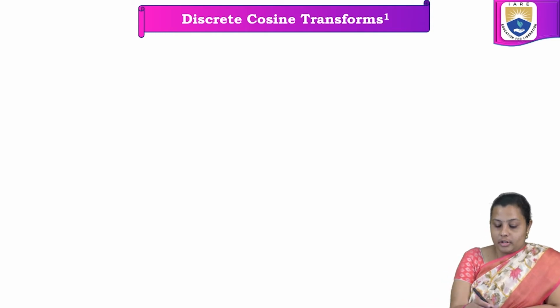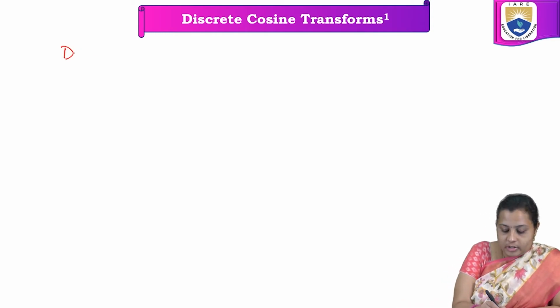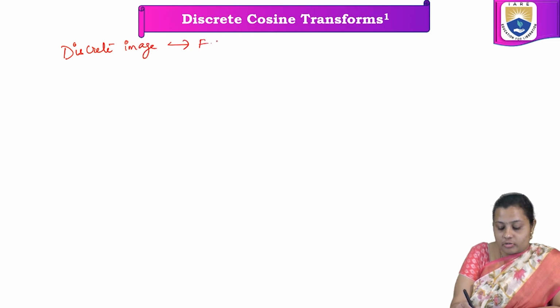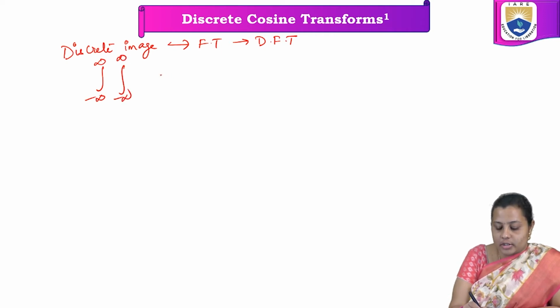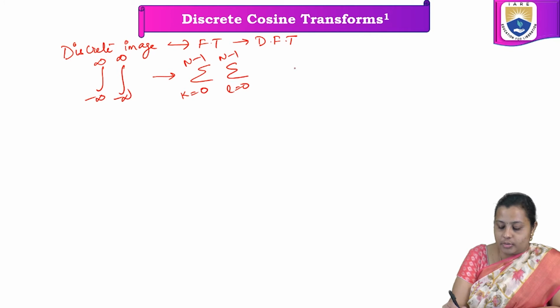Now, since we are talking about discrete images, we can term the Fourier transform the discrete Fourier transform. Instead of the double integration for calculating the Fourier transform as well as the inverse Fourier transform, I will replace them by a double summation, where k equals 0 to n minus 1 and l equals 0 to n minus 1 for n samples.